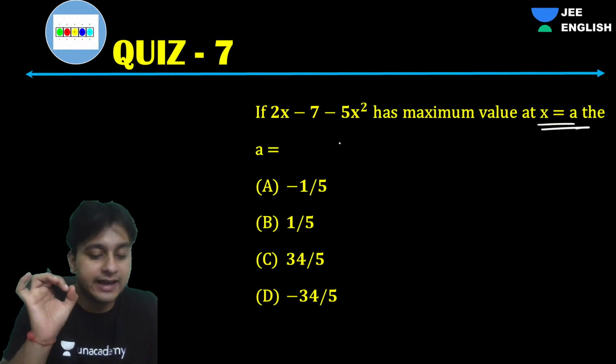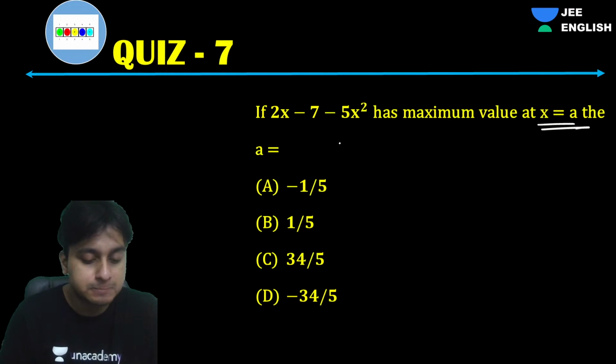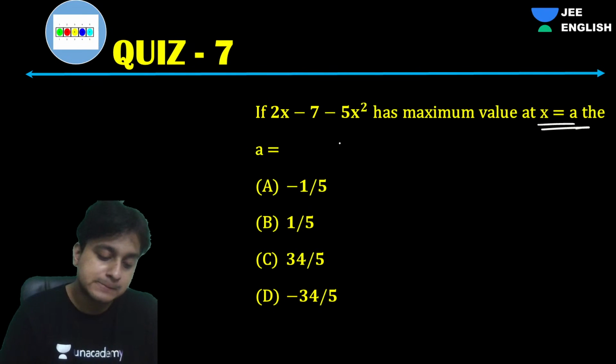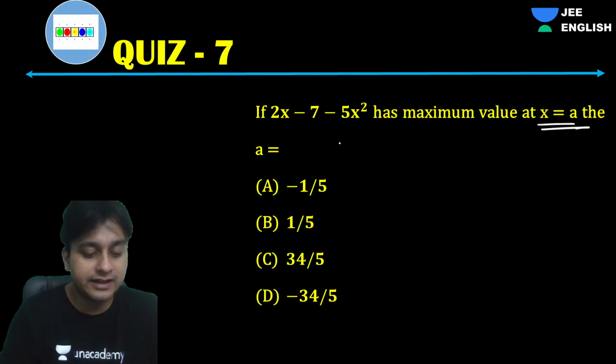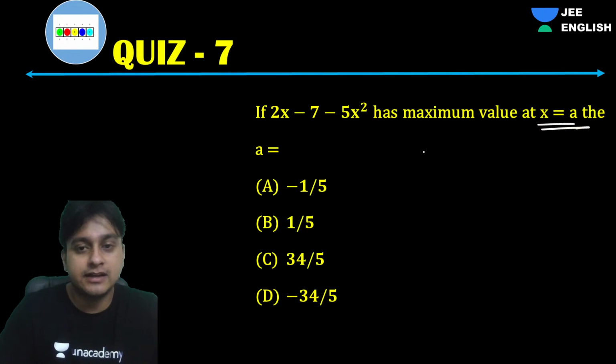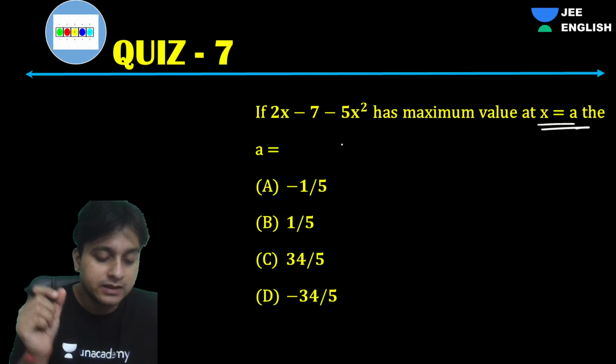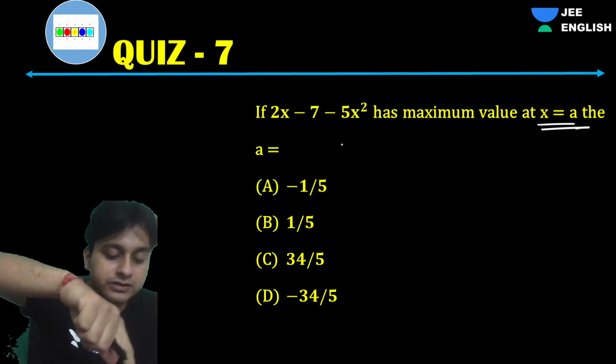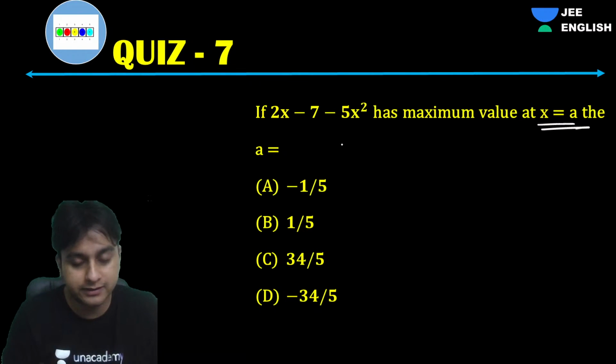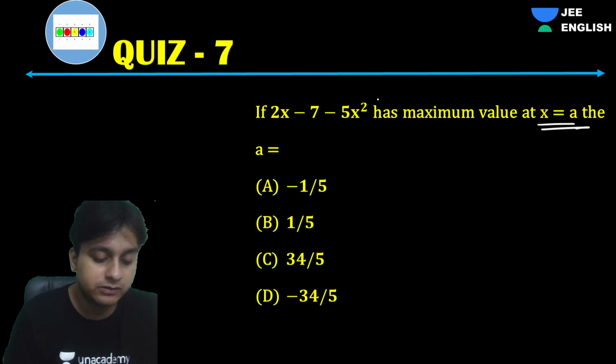So now they are asking the x value. Yes, definitely, that's easily you can get it. How will you get it? If you differentiate, you will get the x value. Then you will put it back in the question. Then you will be getting the y value. Correct. But first you will be getting the x. Then you have to put it back, and you will be getting the y value.